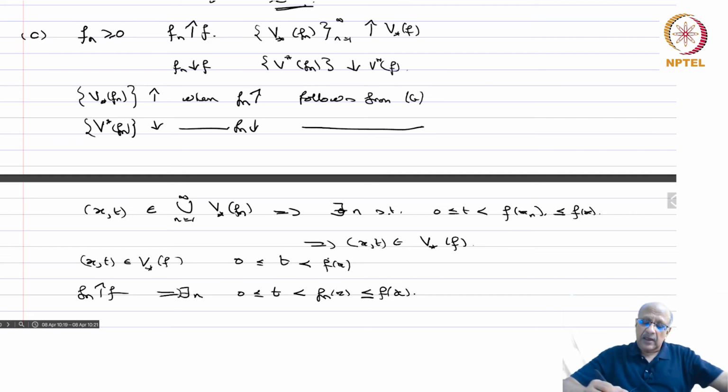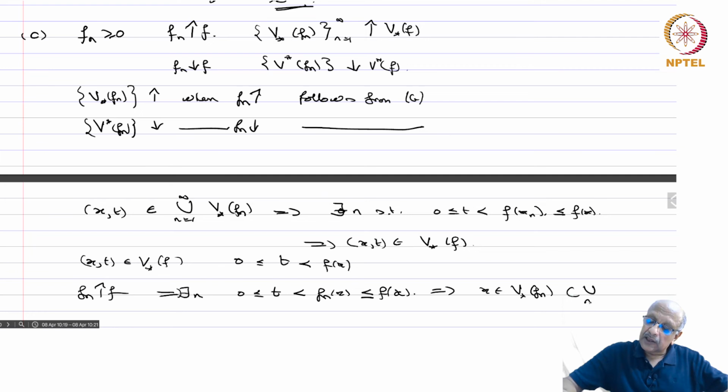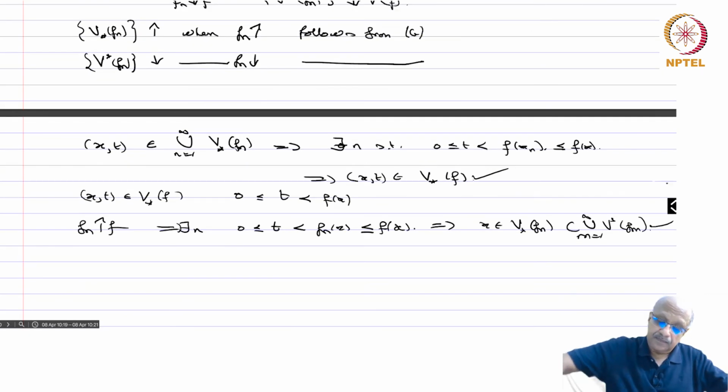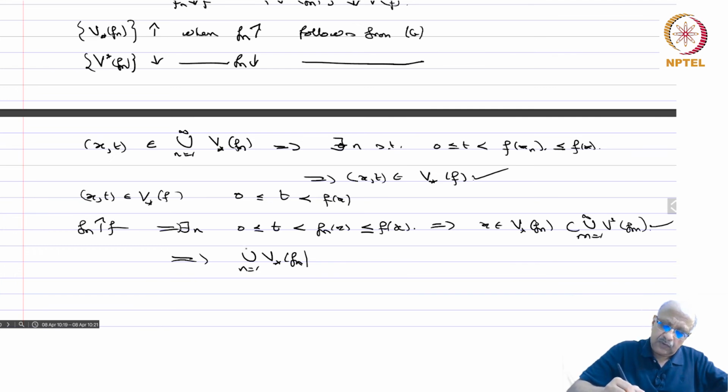You can insert f_n because f_n converges to f of x and t is strictly less, and therefore this implies that (x, t) belongs to V sub star f_n, which is contained in the union n equals 1 to infinity of V sub star f_n. So we have both inclusions here, and therefore the union of V sub star f_n, n equals 1 to infinity, equals V sub star of f.